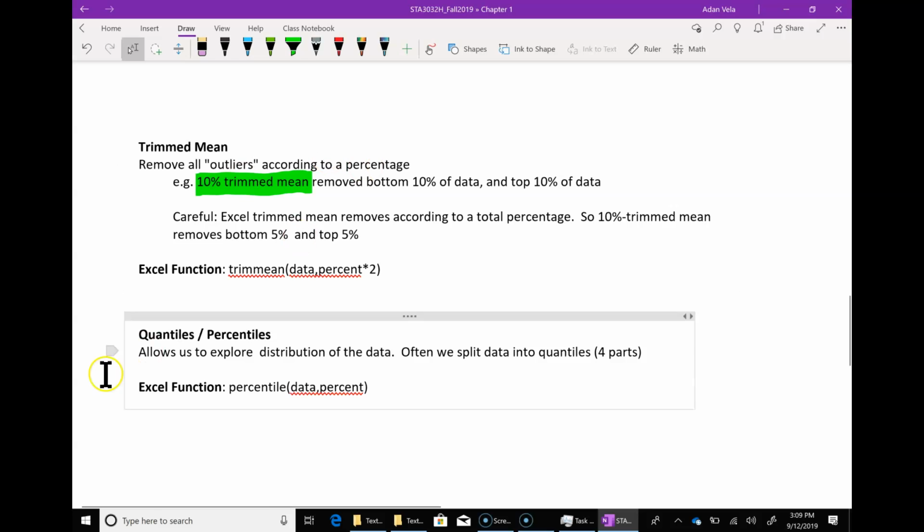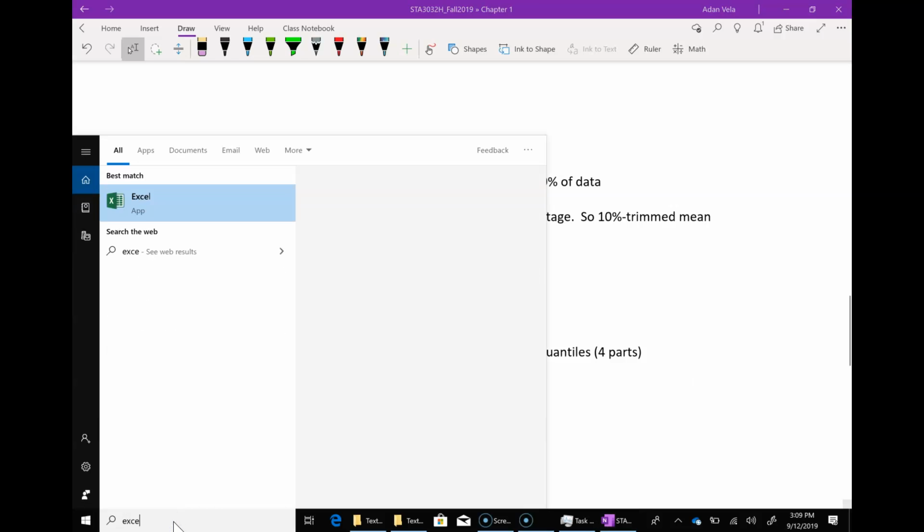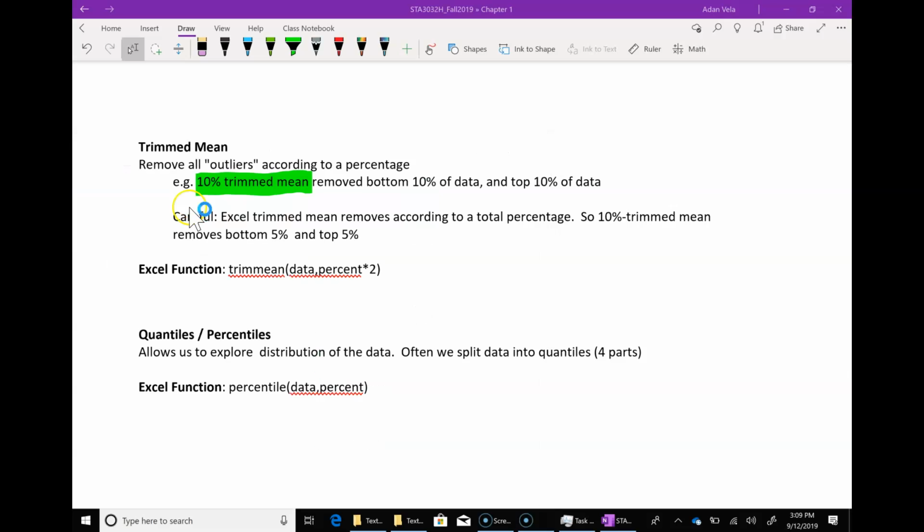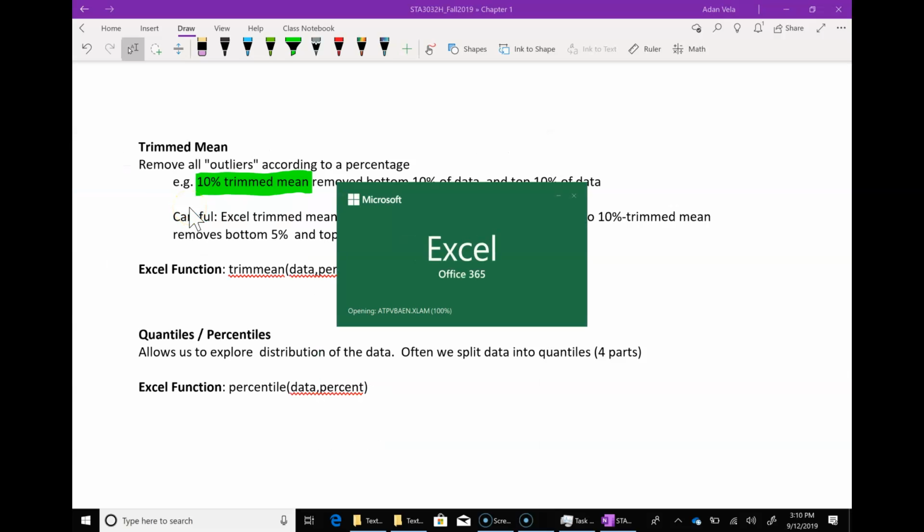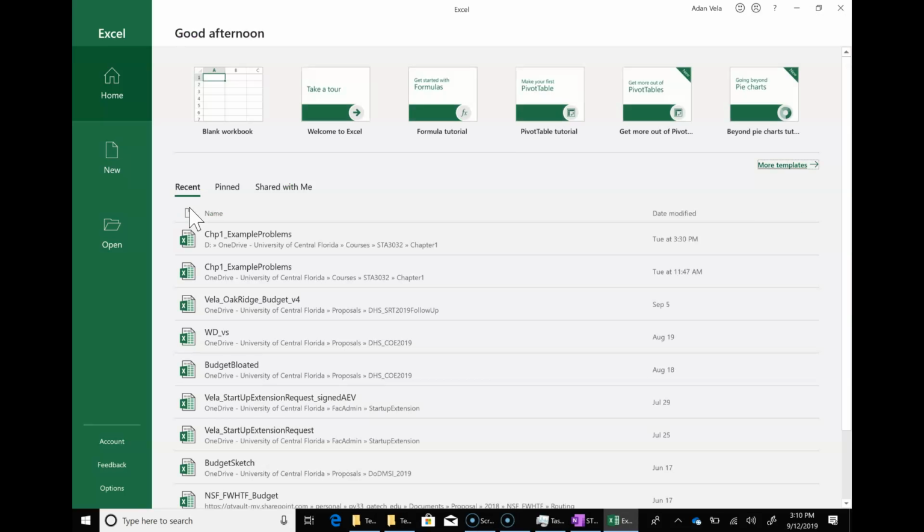And so in Excel, we can actually do this quite easily, right? So we might ask questions like, okay, what's the lowest 5%, right? What's the greatest 95%?